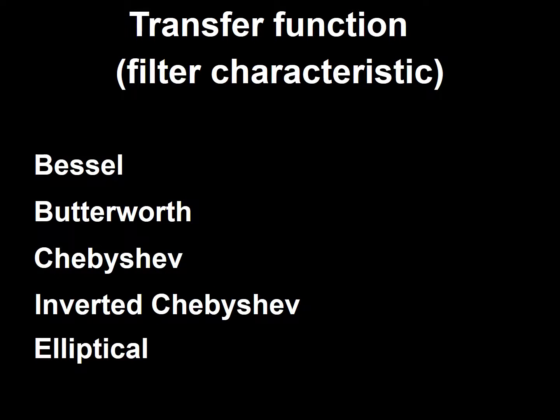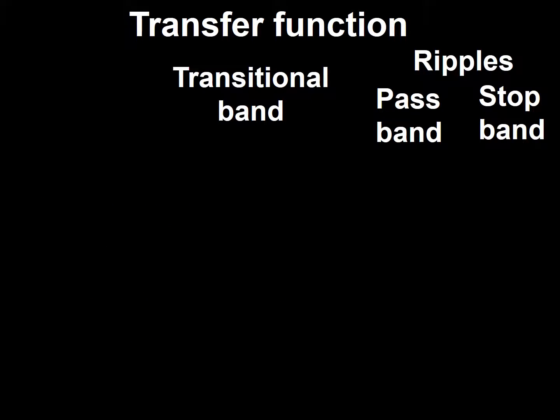Based on the difference in types of transfer function, 5 families of filters have been listed: Bessel, Butterworth, Chebyshev, inverted Chebyshev, and elliptical. They differ in transitional bands and ripples.